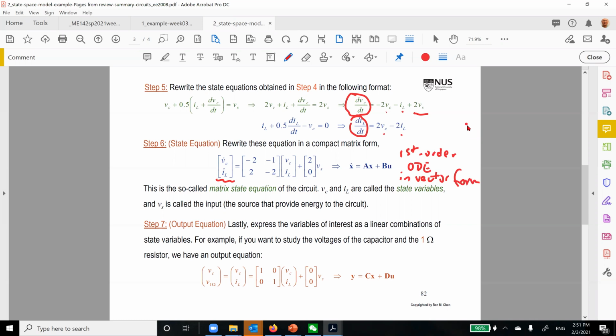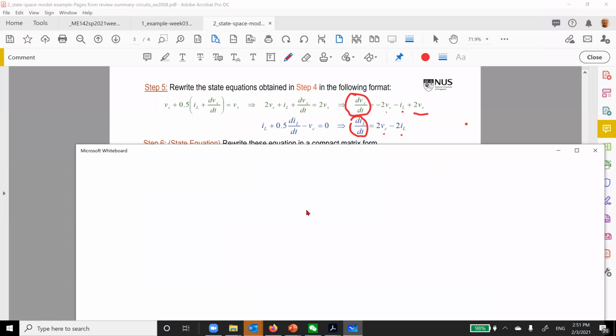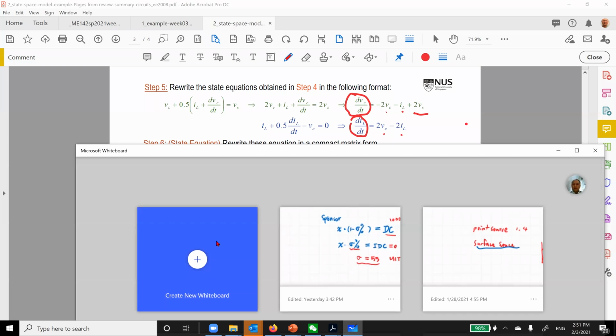But what if I do something like this? Can you see my whiteboard? Okay, I'm going to derive something on the whiteboard for you.